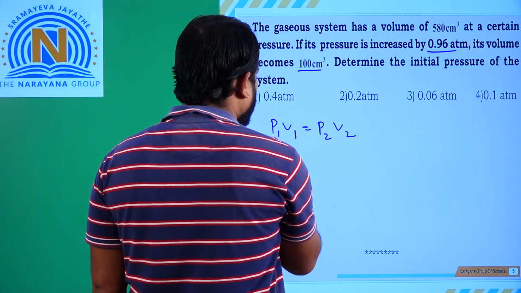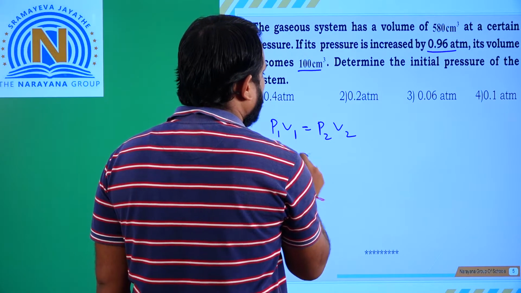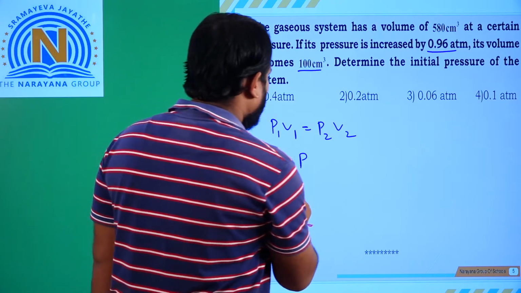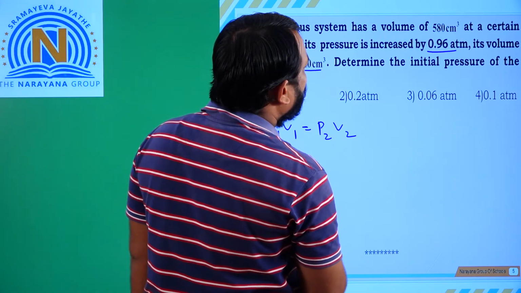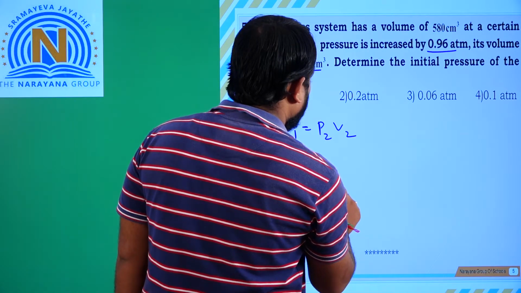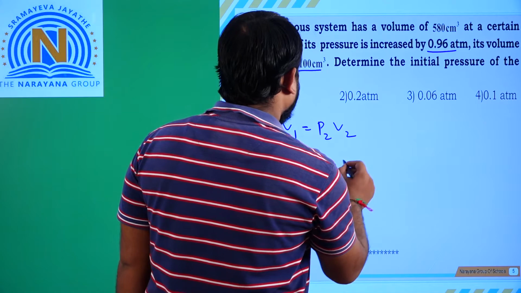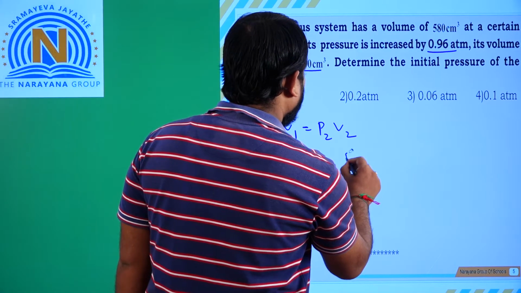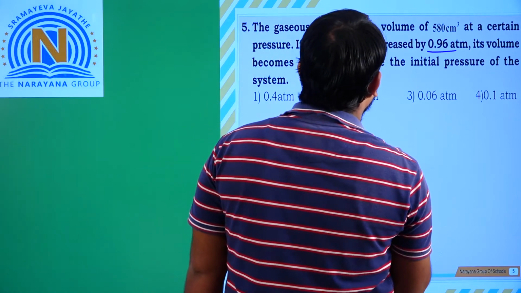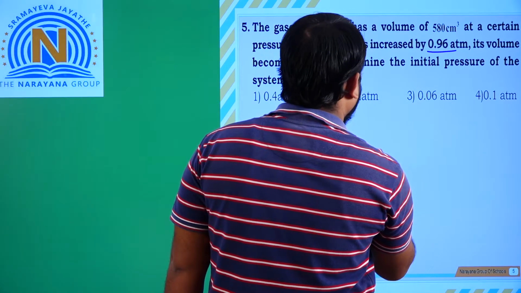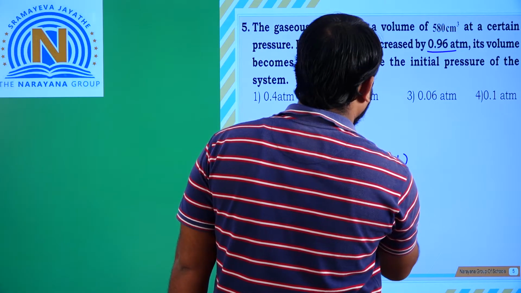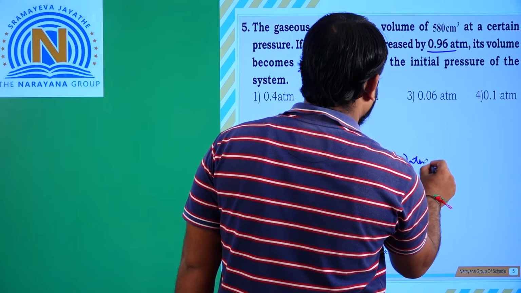I am taking initial pressure P1 as P, and V1 given is 580 centimeter cube. P2 is the original plus 0.96, so P plus 0.96 atmosphere is P2.